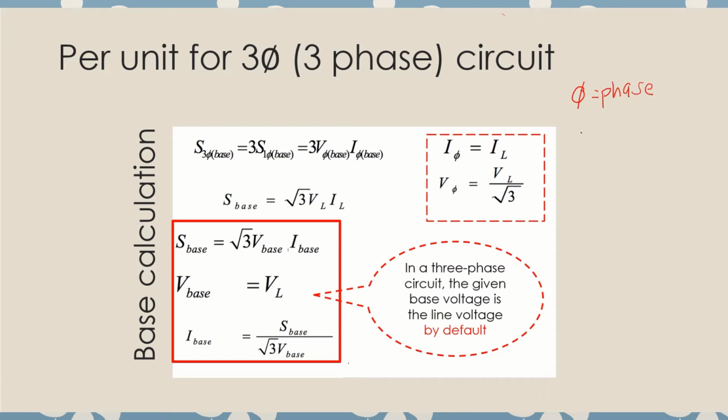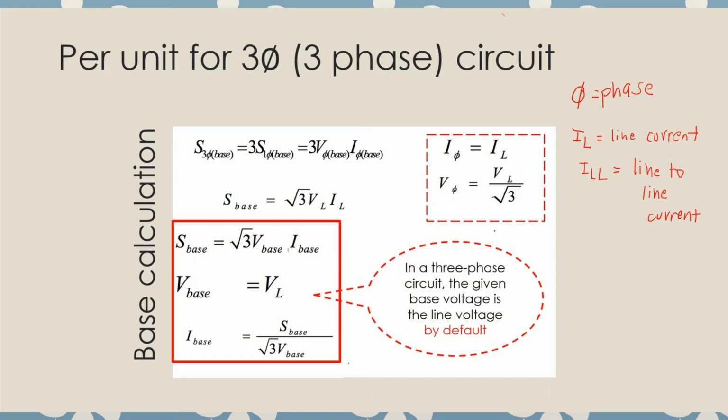Sometimes I will write, for example, IL as line current, or I can also write it as line-to-line current. So that's the difference with the symbols.